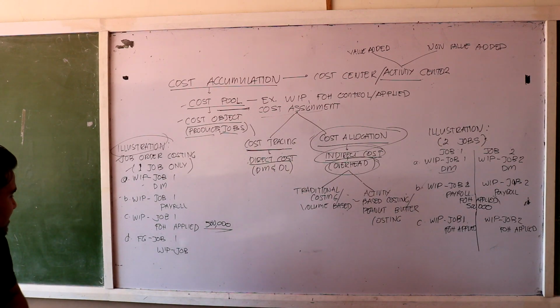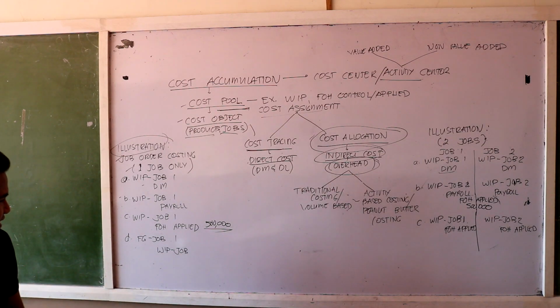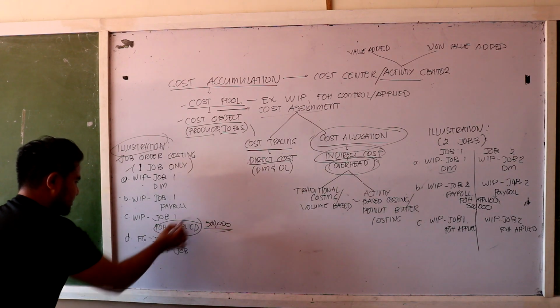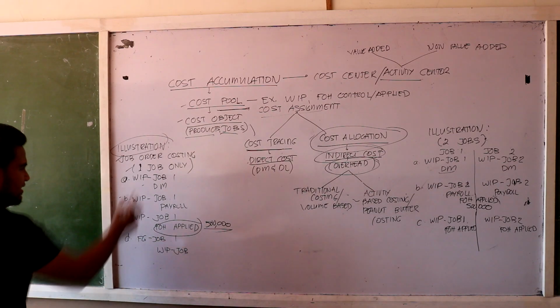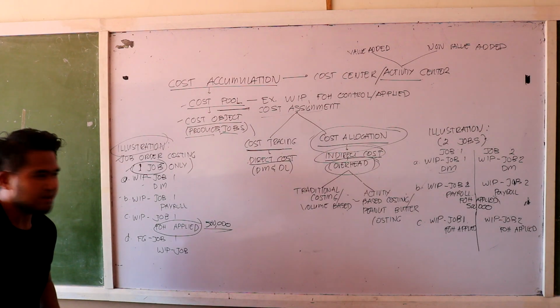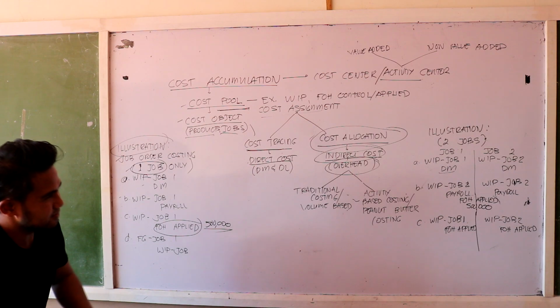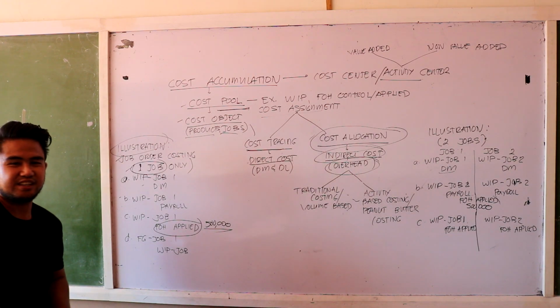And letter D, if we have completed the job, entry would be finished goods, work in process, job. So ngayon guys, papansin ninyo, all factory overhead applied, pinunta lahat natin kay job kasi nga nag-iisa lang. Right? How about if we assume two jobs regarding a job order costing?